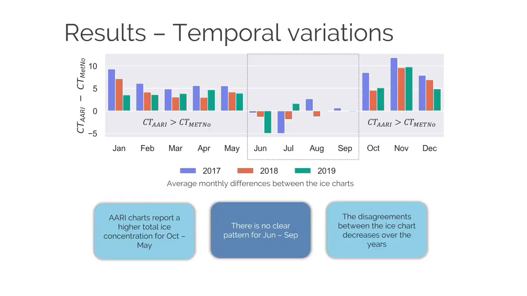So you have the difference again, but now you put it against time. And this is, of course, a bar chart with 3 different colors. They represent 3 different years. I wanted to see how it varies over years. For example, if the differences between ice charts were more in 2017, it was comparatively less in 2018, and then even lesser in 2019, right?